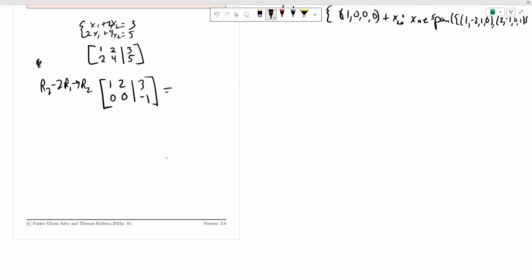Well, now when we create our system of equations, we get x1 plus 2x2 equals 3, and 0x1 plus 0x2 equals minus 1. Well, now here, this equation implies that 0 equals minus 1, which is inconsistent.